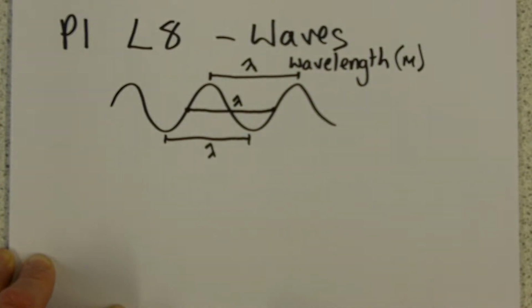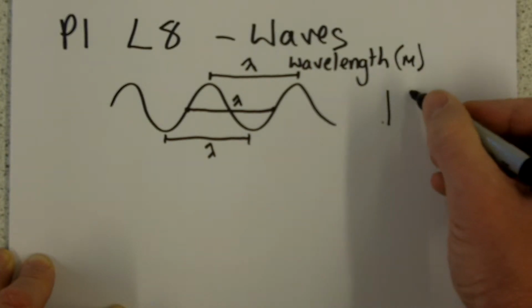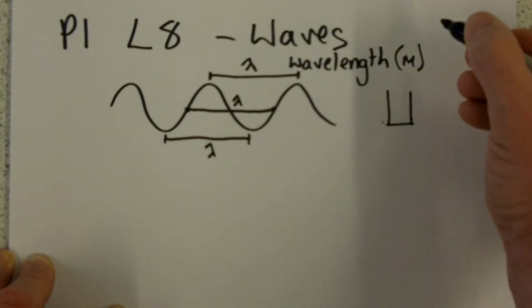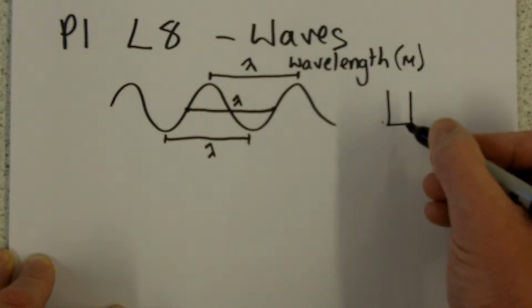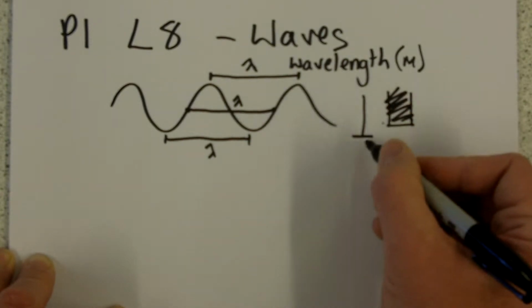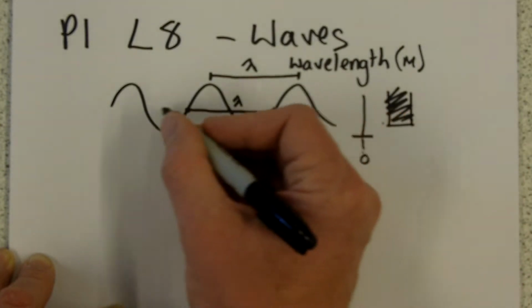One way to think about waves is if you think of someone sitting on a swing, then the person would swing forward and back, and then back to the middle again. That's one complete cycle. Maybe a sideways diagram is better. So here's a sideways view of a swing. This point would represent the middle, which is the 0 point.